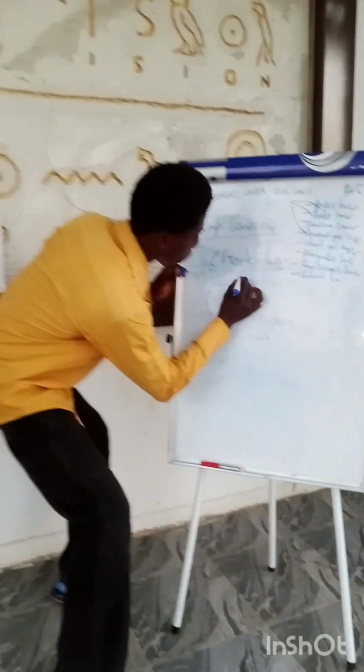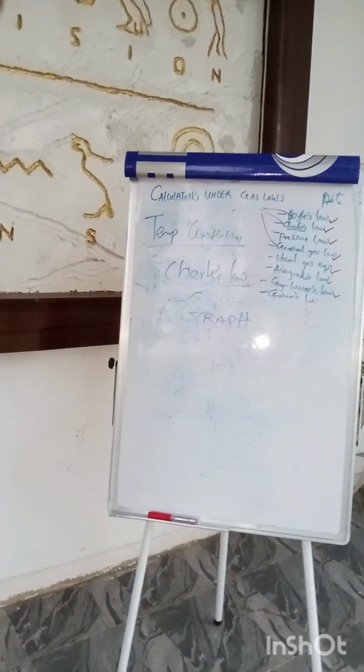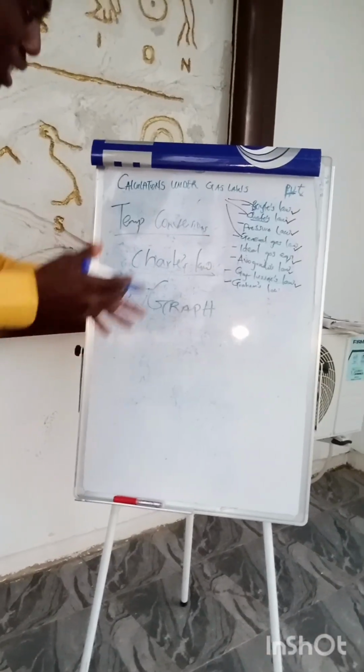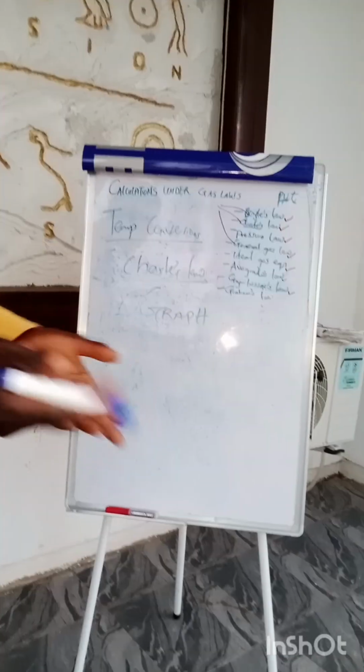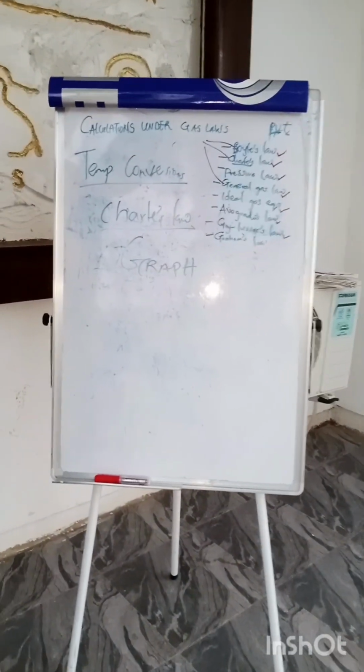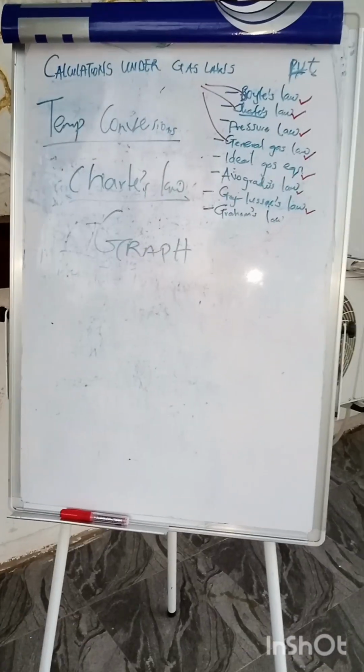Right. The graph, you need to know this graph because you don't always see questions. They will ask you what this thing illustrated above is, then you have to check your options to see which one represents Charles law. This is how you would know.